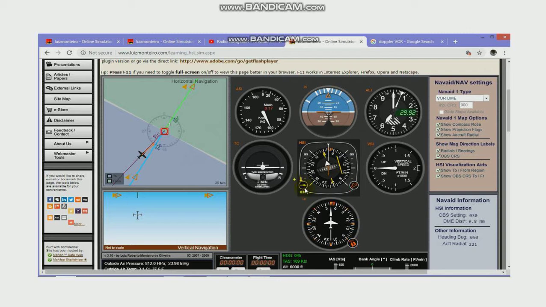For example, you want to fly on the radial of 60 degrees. And this line represents the CDI line. If this line is on your left side, meaning you need to fly left.